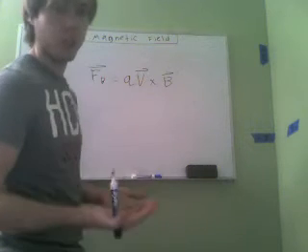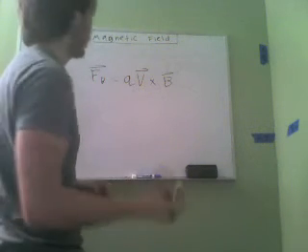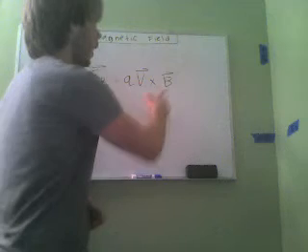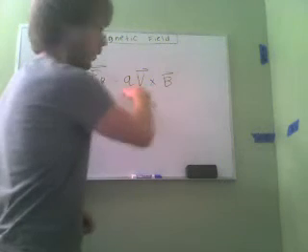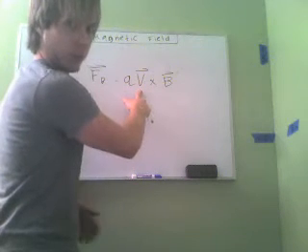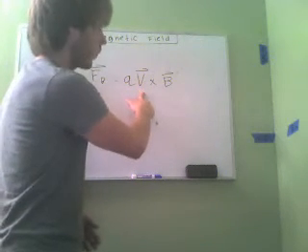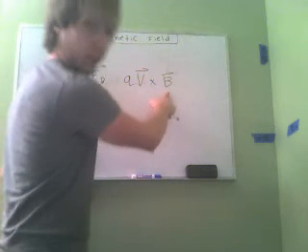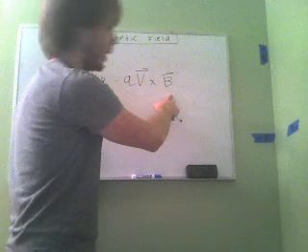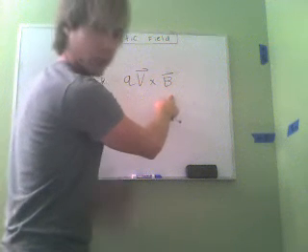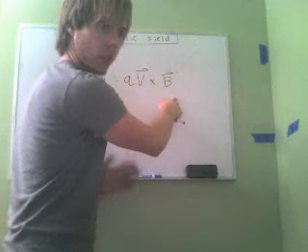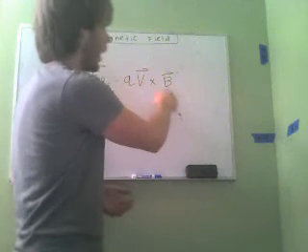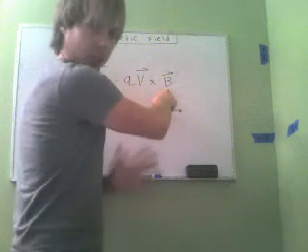Proton's positive, electron's negative. This is the velocity. Again, it has a direction and a magnitude. The units are meters per second. This here is the magnetic field, and its direction is the direction that the compass needle points north.